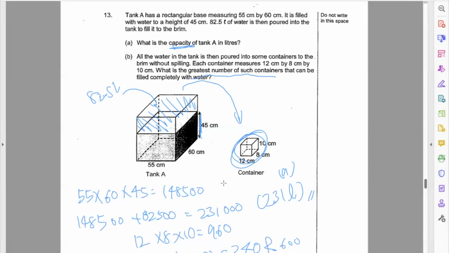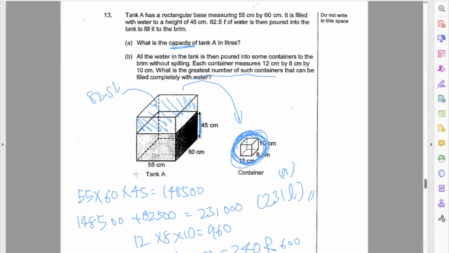So we have to ignore the remainder because the question asks how many such containers. So 600 can't fill one of the small containers here. So here we have to ignore the remainder. So the answer is simply 240 such containers.